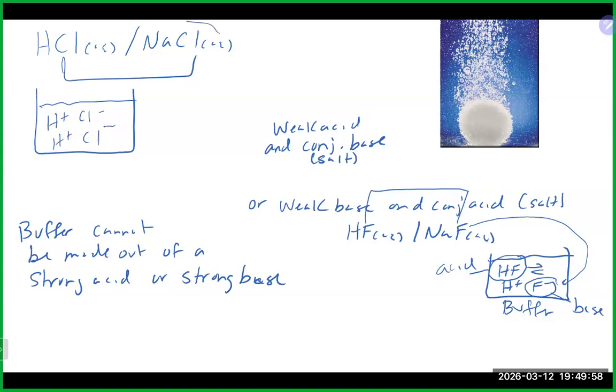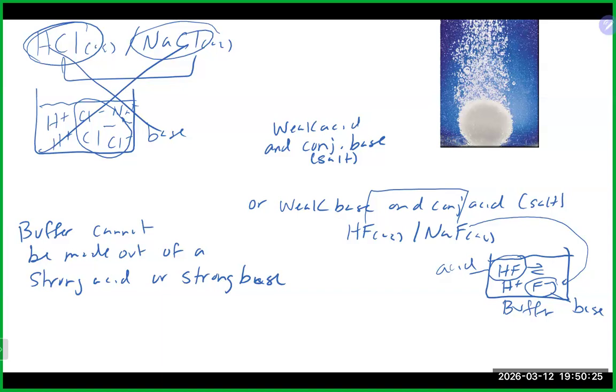So now when you put the sodium chloride in there, you get some sodium and some more chloride. So now what you have in that beaker is a mess, but you basically have only the base component. You no longer have the acid component because it cannot stay in solution; it's just going to completely break apart. And that's why a buffer cannot be made from a strong acid or a strong base.